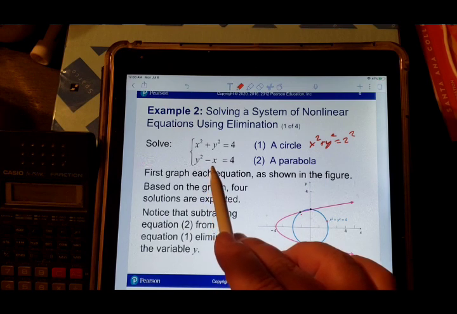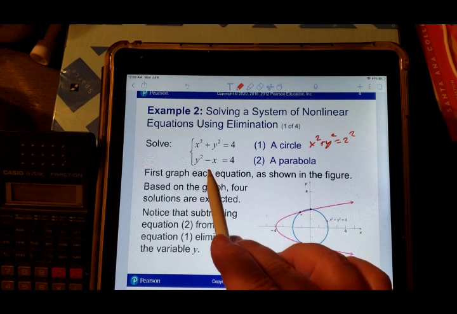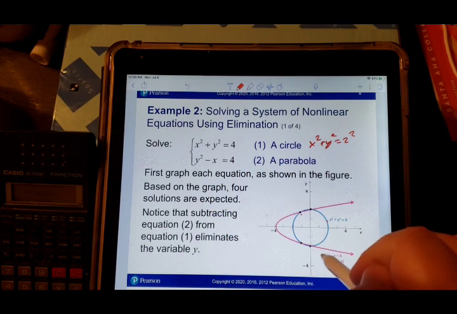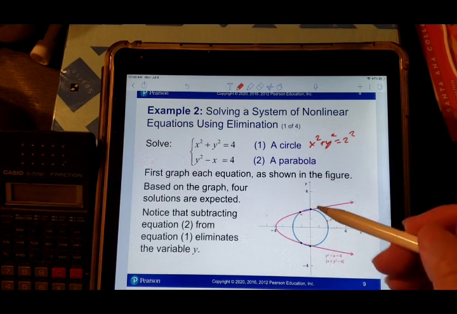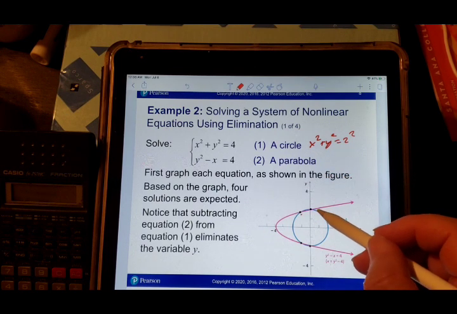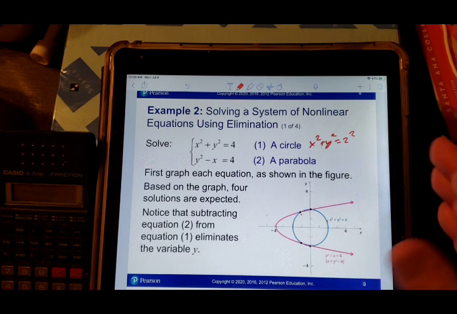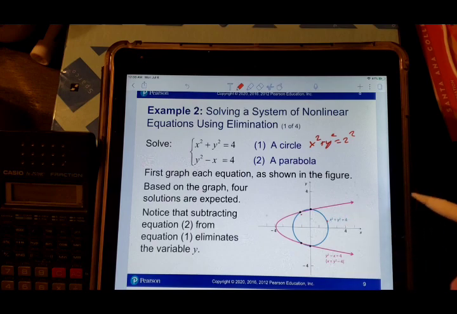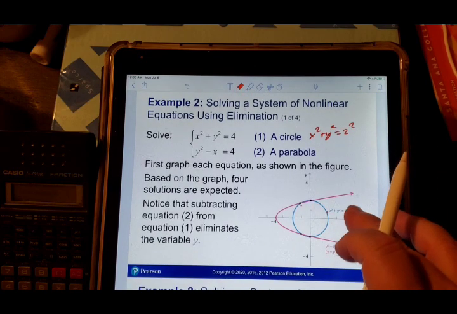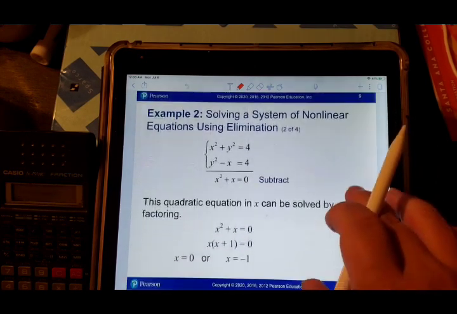We've dealt with parabolas in different ways. But the graph isn't what's driving this. I mean, knowing something about the graph can help. I suppose if we knew it was a parabola and a circle, we wouldn't be surprised if we got 4 values for the intersection, as you can see. But let's just look at the problem.